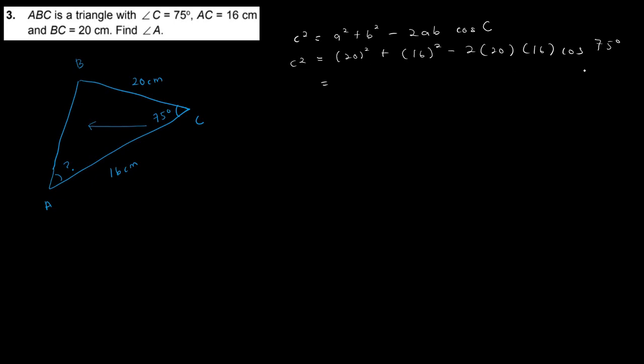And if you calculate correctly the right hand side of this equation, we get 490.36. So to find C, square root, and C should equal 22.14 cm. So here, 22.14 cm.